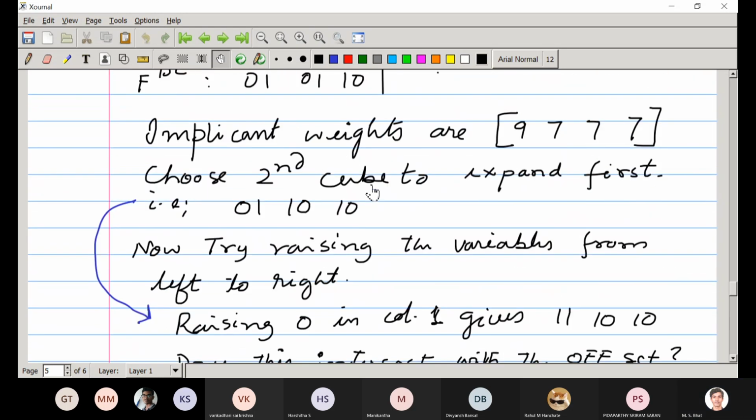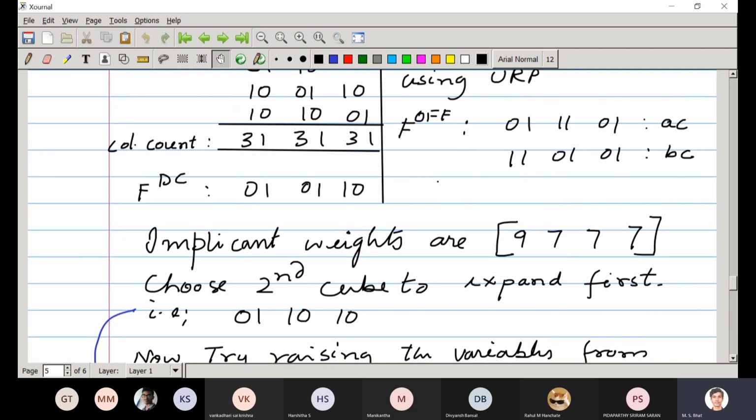Now try raising the variables from left to right. I have to make this cube bigger, that is, we are trying to make it prime. So how do you do that? This is A, so I have to drop A. How do I drop A?